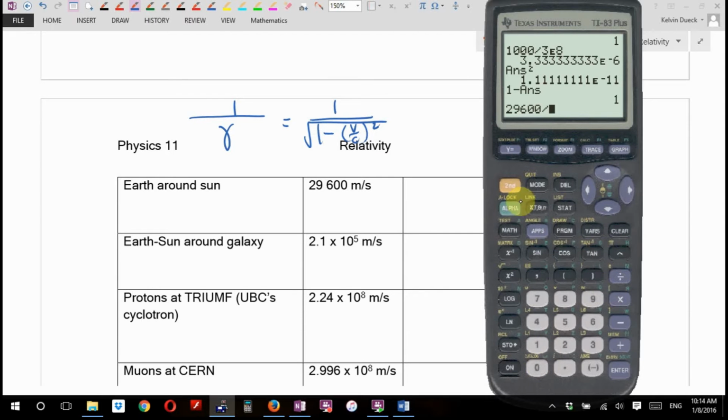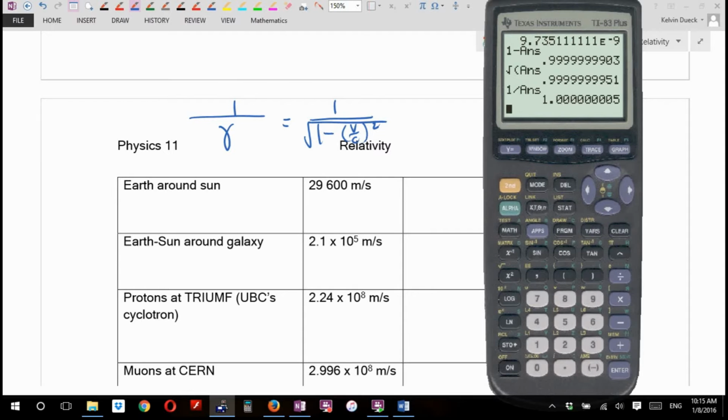29,600 divided by the speed of light squared. 1 minus that. Decimal hasn't vanished yet. Square root. 1 divided by that. Woohoo!